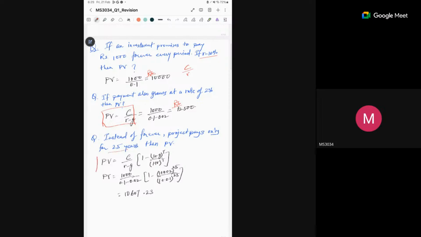This is the formula for growing annuities. I place all the values, r 10%, g 2%. If I place all these values, then the present value of this annuity, which lasts for 25 years, is approximately 10,607 rupees. If you have any doubts in these annuities or perpetuity concepts, please let me know.